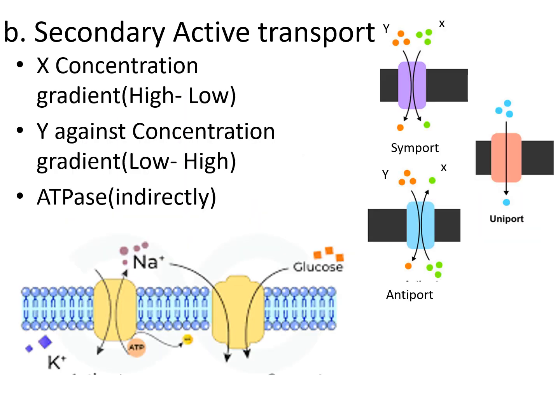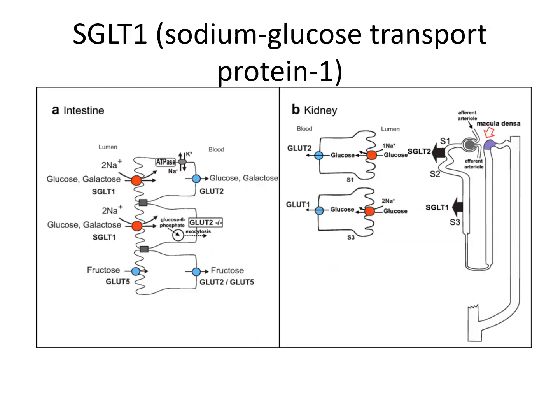We have also discussed that secondary transport may be symport, uniport, or antiport, and symport is when two molecules move together. One other example of active transport is the sodium glucose transporter.